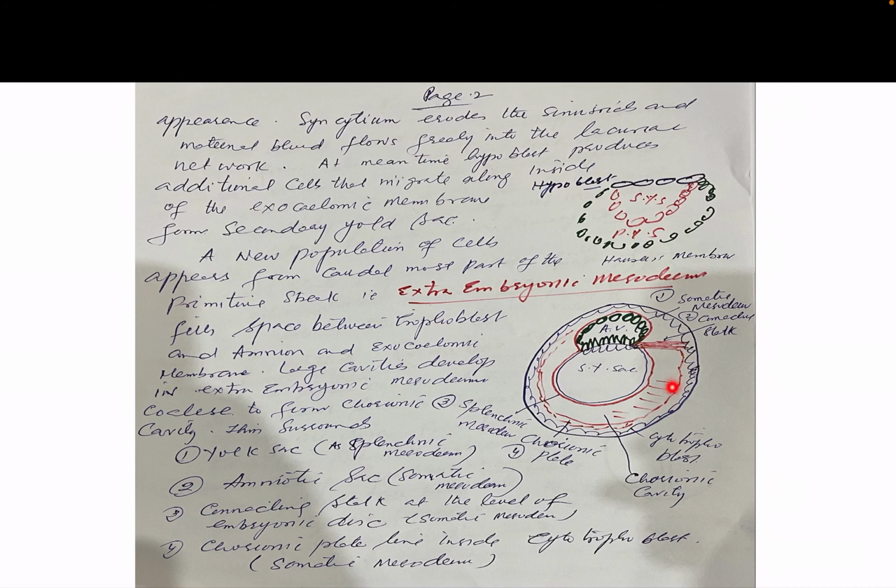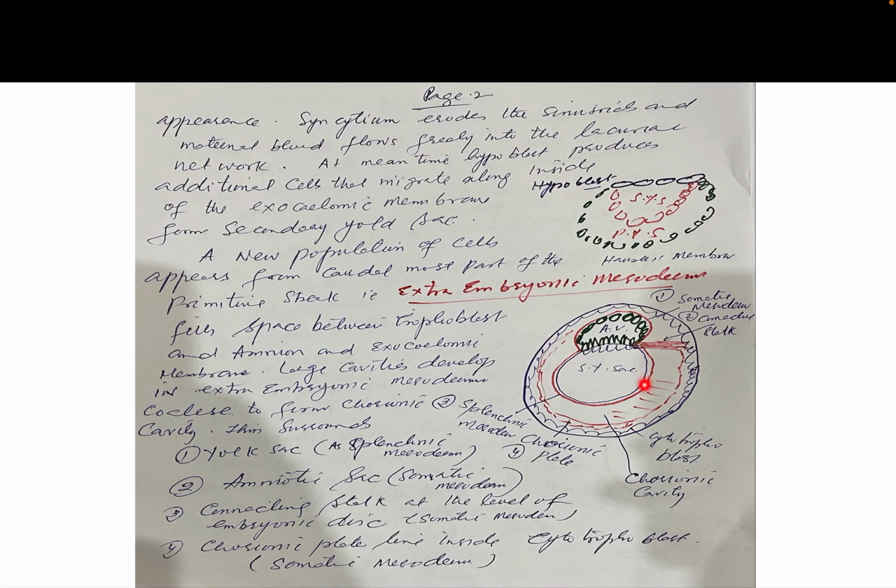Inside the cytotrophoblast, this part of the extraembryonic mesoderm, all around lining, shown in red, becomes part of the chorionic plate mesoderm. It is a somatic mesoderm. This is number 3, which is lining the whole inner side of the cytotrophoblast.